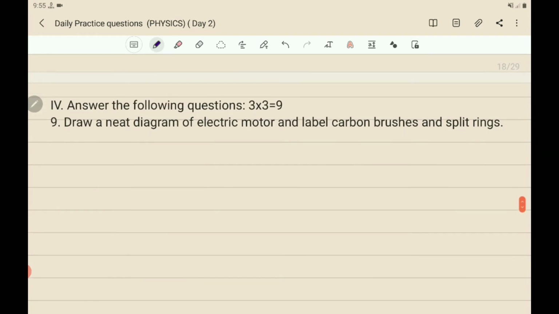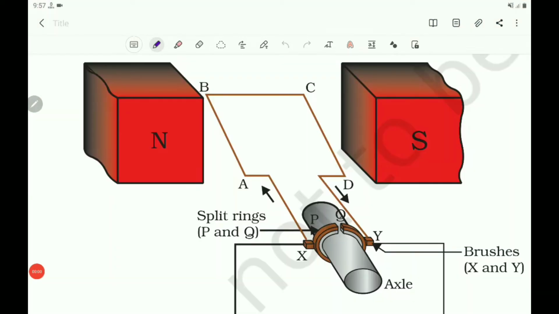Now you take the fourth main question. Answer the following questions. There are 3 questions. Draw a neat diagram of electric motor and label carbon brushes and split rings. Children, it is a diagram of the electric motor.